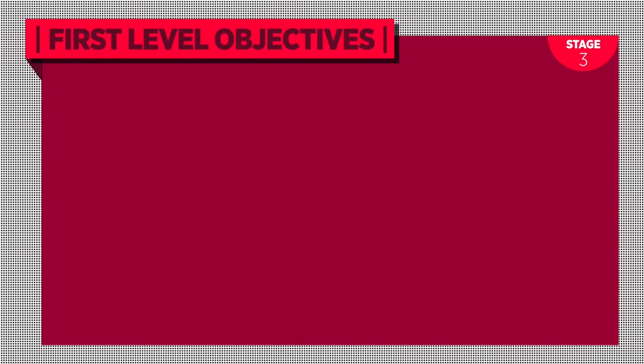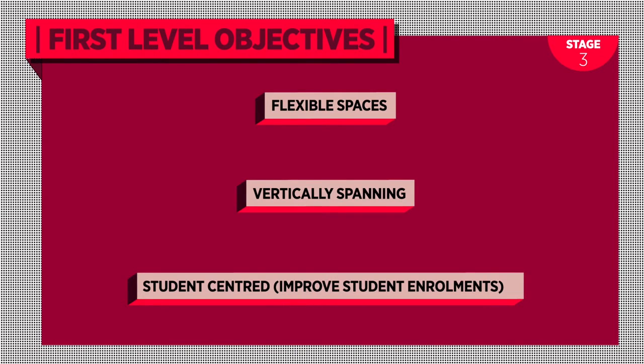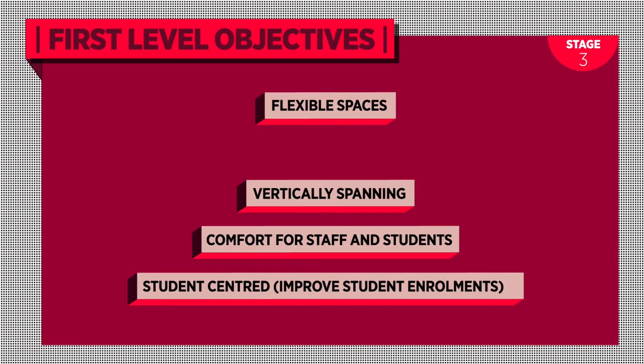In the same way, the primary objective of creating a world-class educational facility can be broken down to a series of first-level objectives as vertically spanning, flexible spaces, student-centered, comfort to students and staff, corporate image. That is how we use how-why logic to create a foolproof, consistent set of objectives.